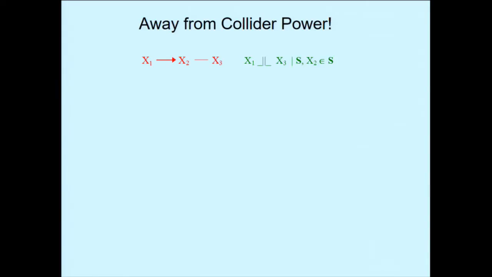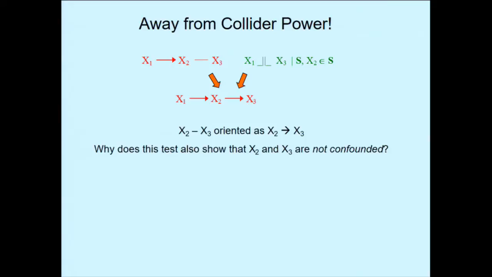Okay, so when I actually have that kind of condition, I get that result, and I have a question for you that goes to the heart of the problem when we're allowing confounders. Why does this test also show that X2 and X3 are unconfounded, which is to say there is no common cause between them that I've left out of the model or out of the data analysis?